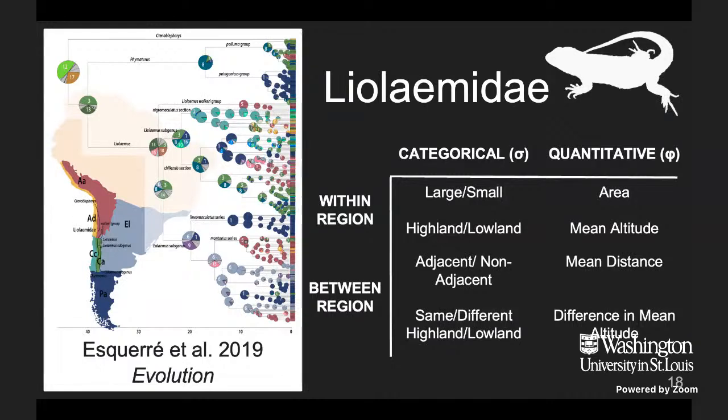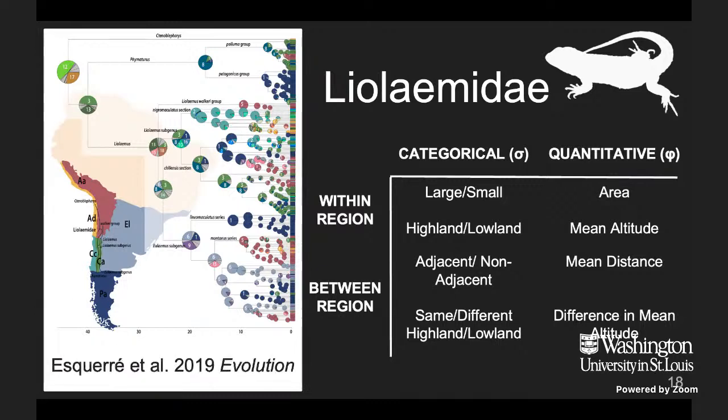I also looked at differences in altitudes between regions, quantitative and categorical, and how that might affect between-region speciation and dispersal. And I looked at distances between regions and region adjacency, and how that could impact between-region speciation and dispersal. I generated the data using an R package that I'm currently developing called RegionFeatures, which generates summary statistics and categorizations for a set of regions and any number of feature rasters.